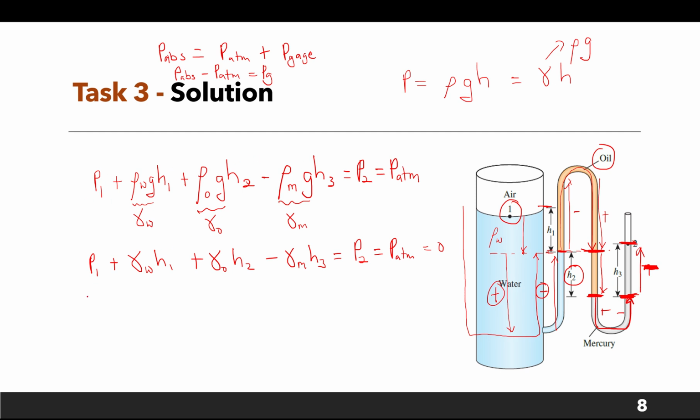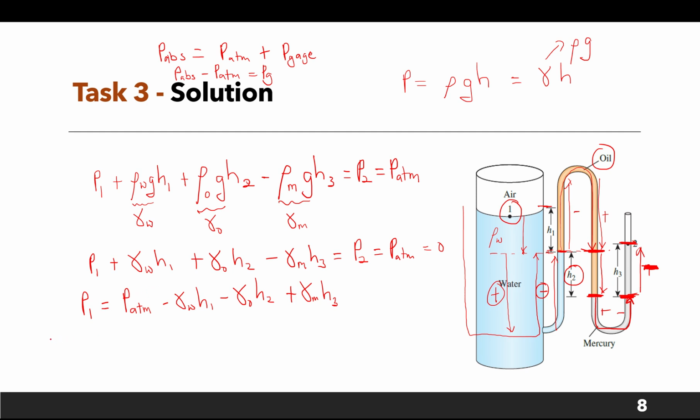So I can rewrite this as P1 equals, instead of P2, I can say P atm, minus gamma W h1, minus gamma oil h2, plus gamma M h3, taking everything across the equal sign. Are you getting the idea? So if I equate the P atmospheric to 0, I can easily compute my P1 as that.